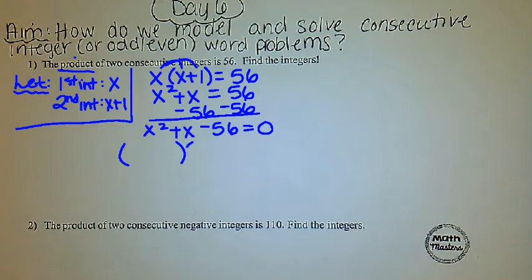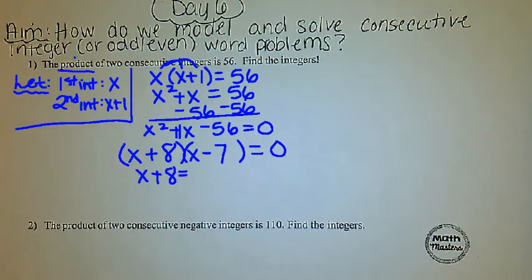Factor. So what multiplies to negative 56? We know one will be positive, one will be negative, and they add to a positive 1. So my factors are 8 and 7, and the larger one takes the sign.